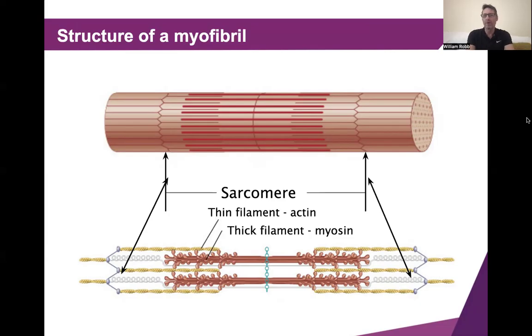Now you need to remember the thick and the thin filament names, thin filament actin, thick filament myosin, because there may be a question on your theory paper. So if we look here, the thin filament, the yellow, is actin, and then the thick filament is myosin.